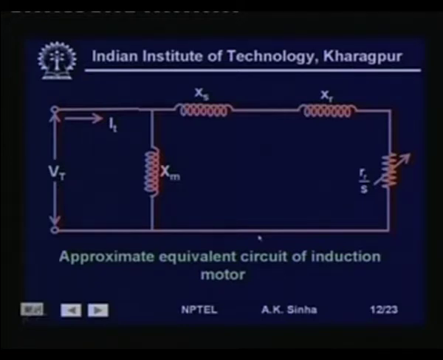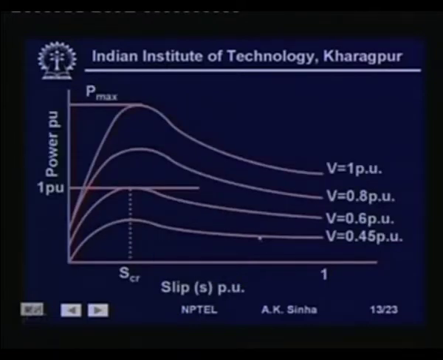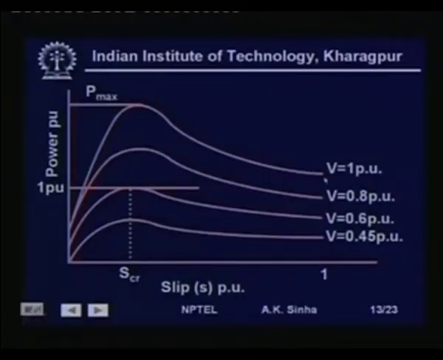Now, using this model, if we want, we can plot the power versus speed characteristics at different voltages for the machine. That is, if we have applied 1 per unit voltage, then we will get a characteristic like this.